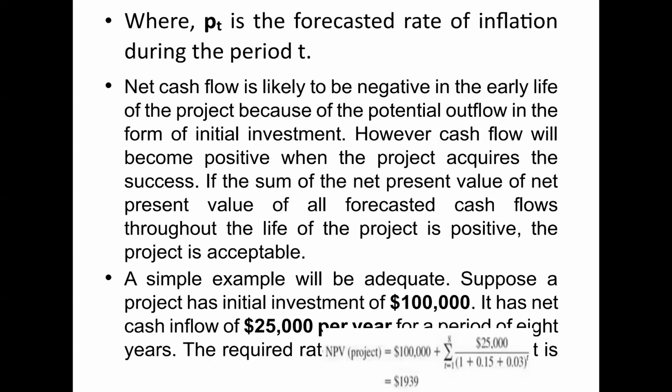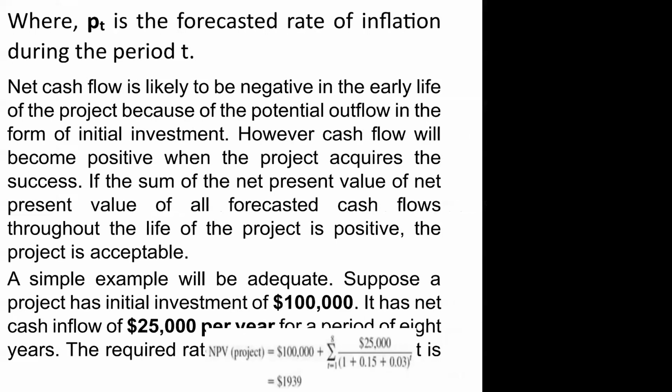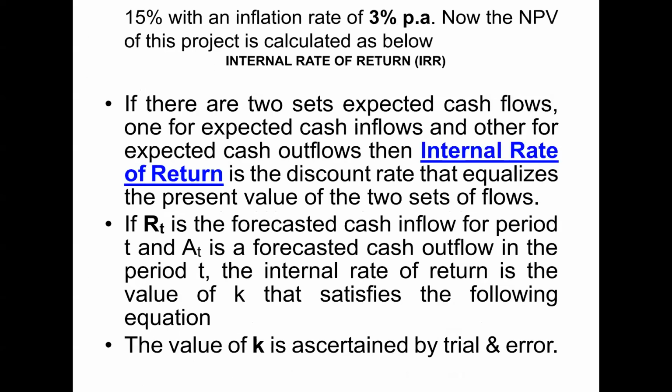If the net present value is negative, then the project is not good, okay? It means that the money you invest is higher than what you are going to get from the project. But if you find that the NPV is 0, it means that you get exactly the amount of money that you invested in the project, right?